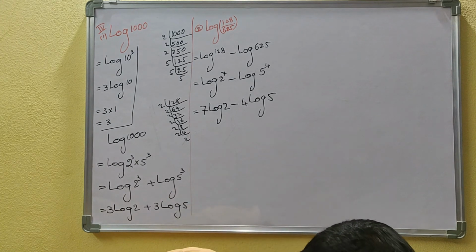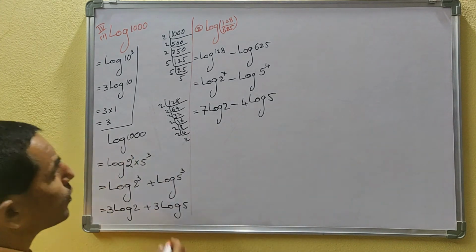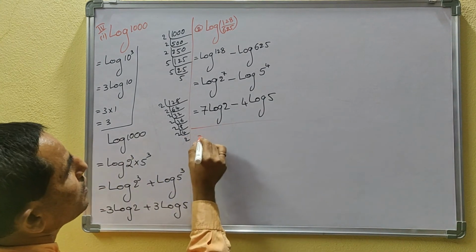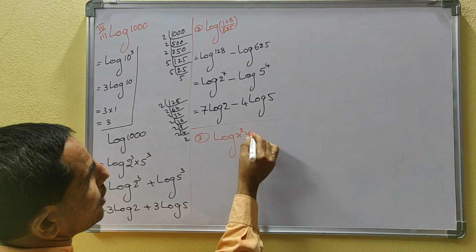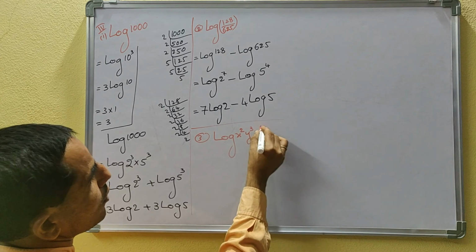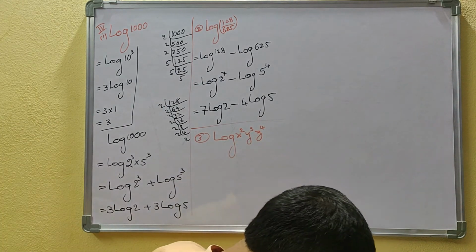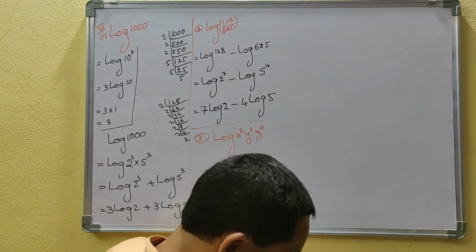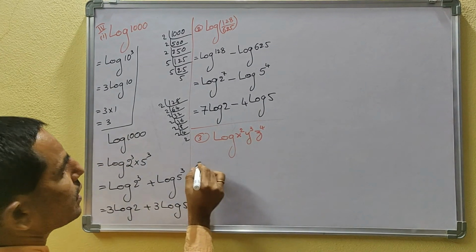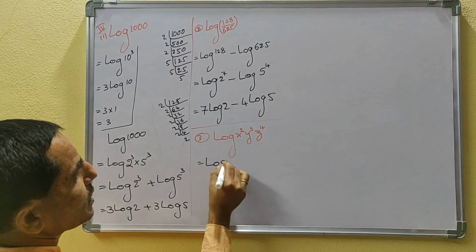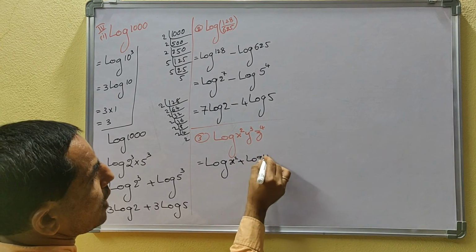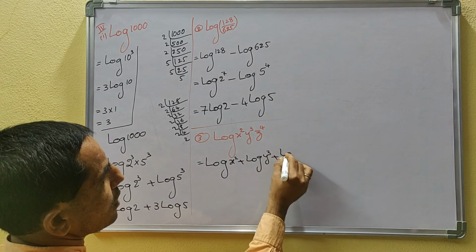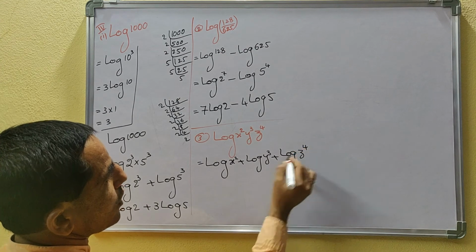Next, third question: log x square y cube z power 4. So third question, log x square y cube z to the power of 4. Here log ABC is there: log x square plus log y cube plus log z to the power of 4.